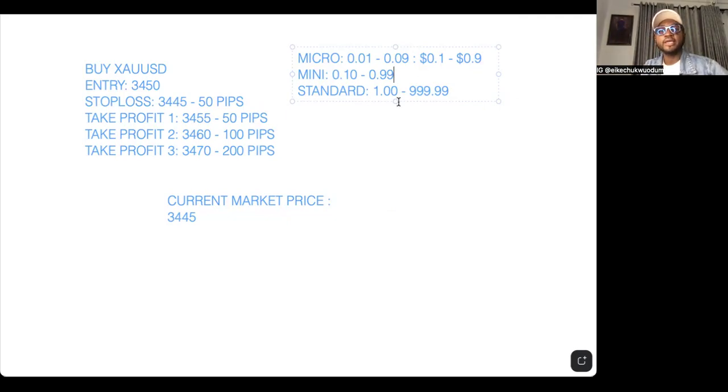For mini lot sizes, the risk is $1 to $9.9 per pip.